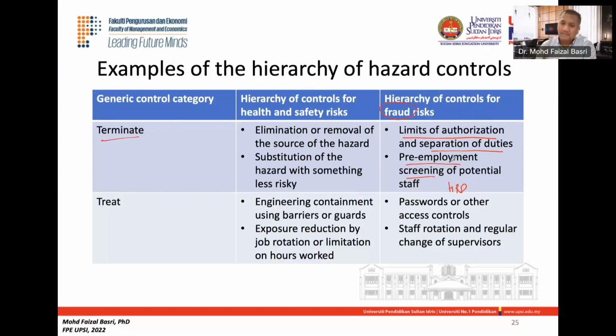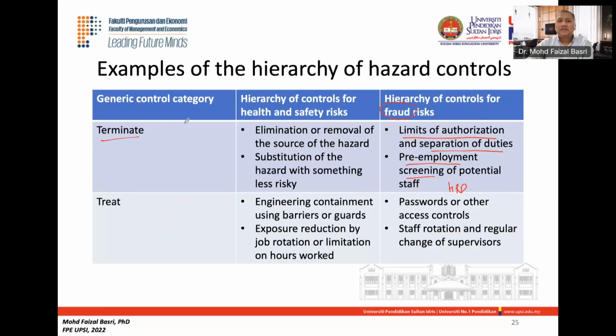Before they hire new staff, they do proper checking, checking with previous employers on how the potential staff behaved in previous companies, and whether there are any bad records. This reduces the risk of employing the wrong or inefficient employees. Beyond inefficiency, we also want to see whether these employees have bad records, for example, whether they were involved in fraud cases before. This can be checked using pre-employment screening.